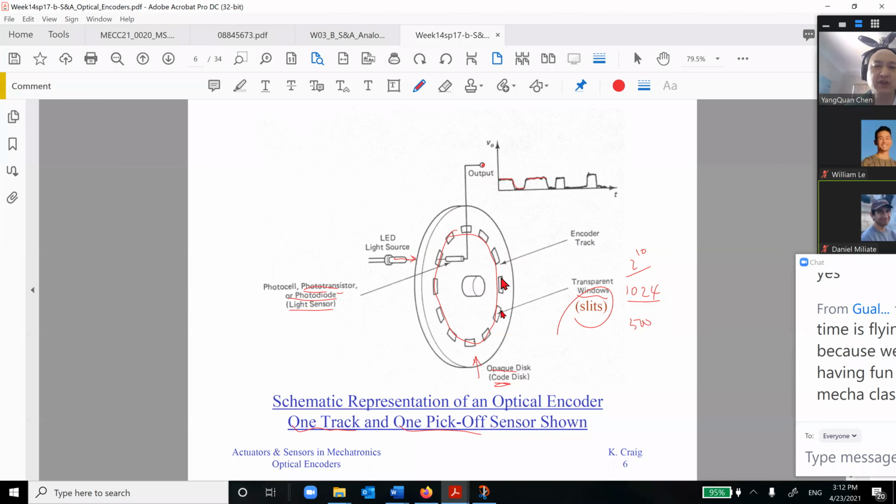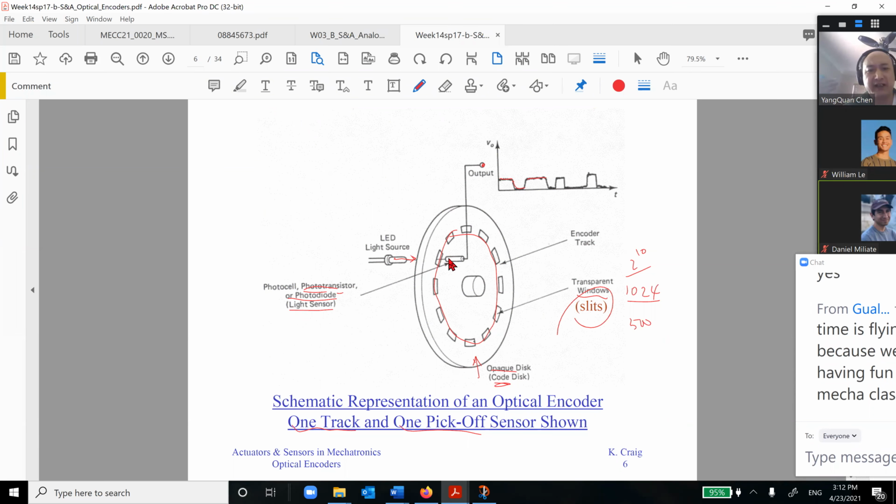These windows are called slits. Those windows are transparent. So I have a pickup point in here. This pickup point could be a light-sensitive receiver, like a photodiode or phototransistor, even a photocell.